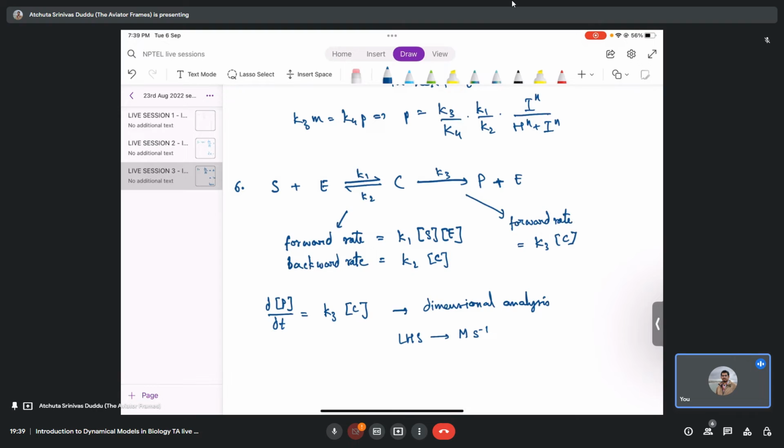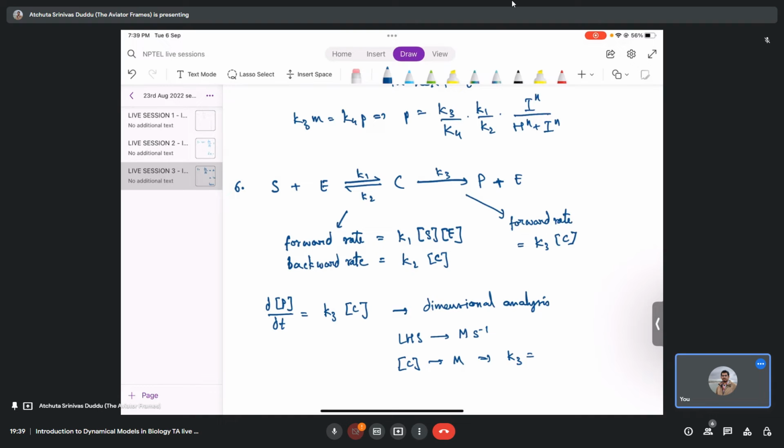The RHS, C, is again molar, which implies the dimension of RHS must equal LHS. That's a must. Otherwise, we can't write a physical equation representing a physical system.